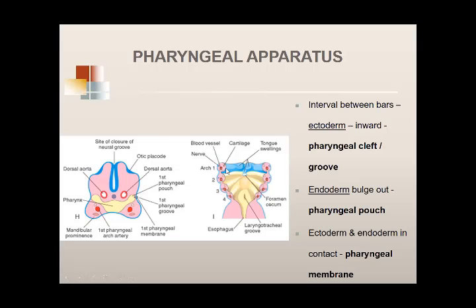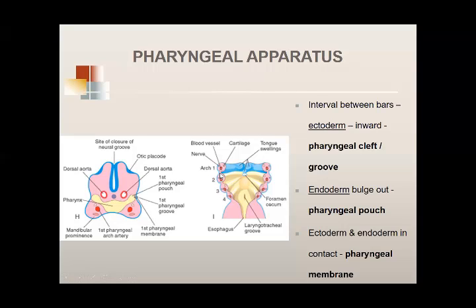And then in between these two, this continues to grow. The pharyngeal groove pushes inwards. The pharyngeal pouch pushes further outwards. And then there comes a time when the pharyngeal groove and the pharyngeal pouch come in contact with each other with very little mesenchyme.